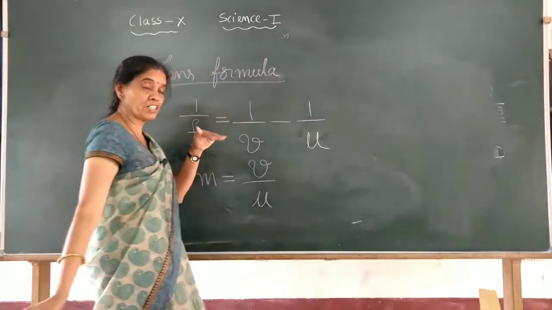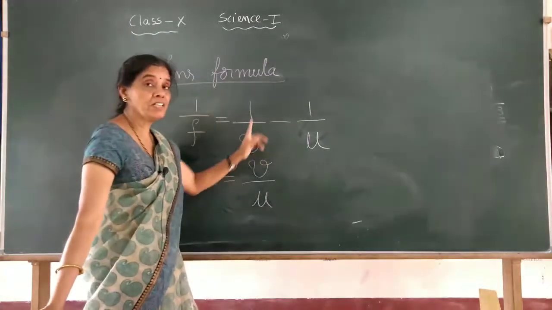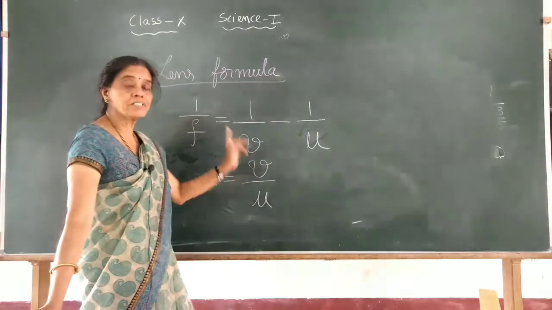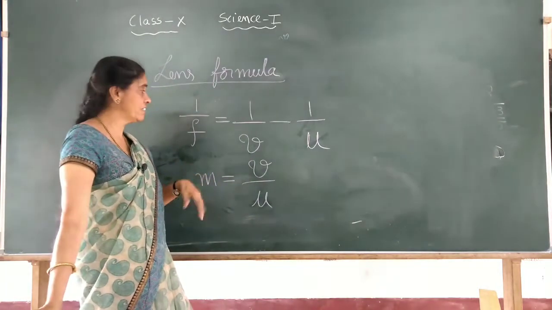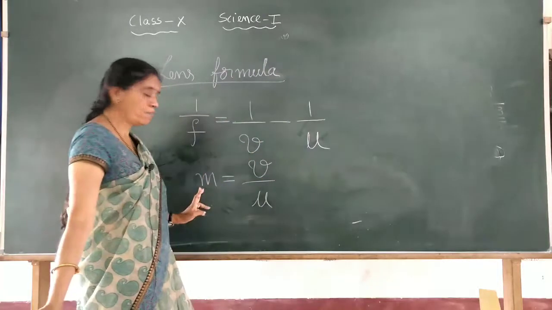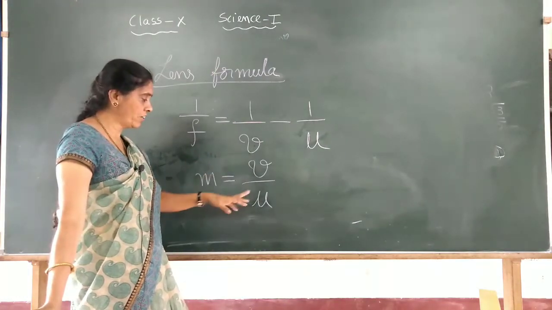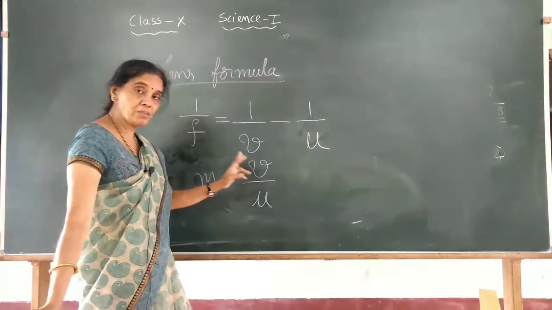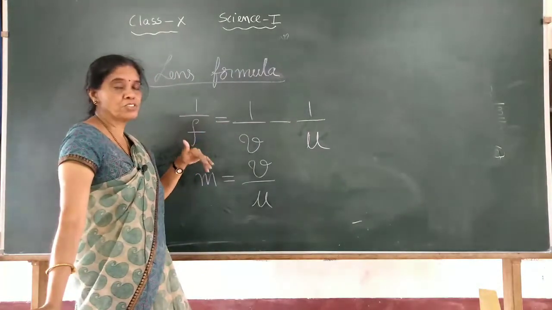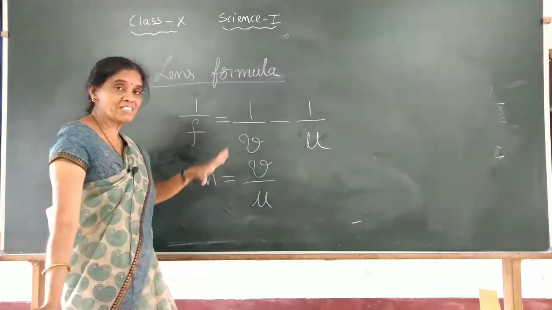So don't get confused: in the case of a mirror, 1 by f is equal to 1 by v plus 1 by u, and magnification m is equal to minus v by u. But for a lens, 1 by f is equal to 1 by v minus 1 by u, and m, which tells how big or small the image is, is v by u. There is no negative sign. That is the difference between the formulas for a mirror and a lens. So don't get confused, and remember these two aspects thoroughly.